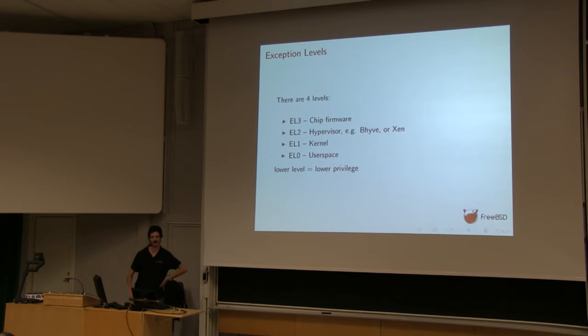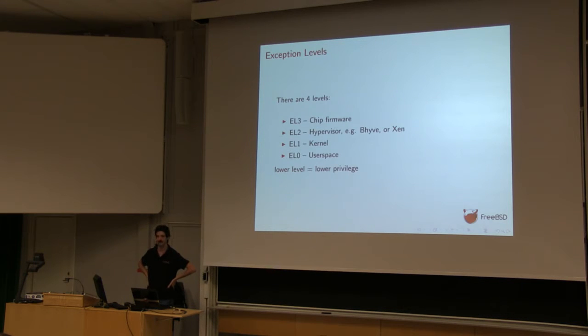There's 4 exception levels. These are where your code will run. So the chip firmware, the L3, runs on the secure side. And the other 3 levels are hypervisor. Well, I'd say Beehive would live there, but generally a little bit of stub code would live there, which would then call back into the kernel.